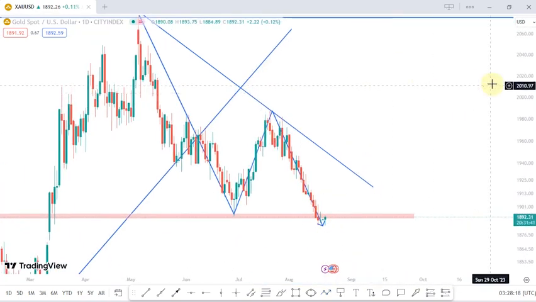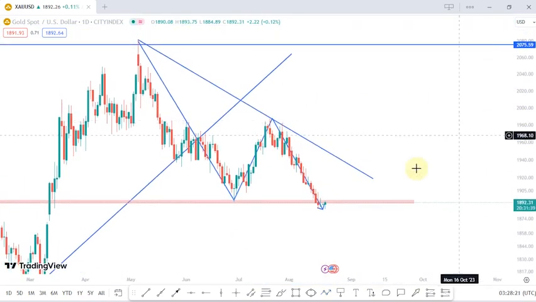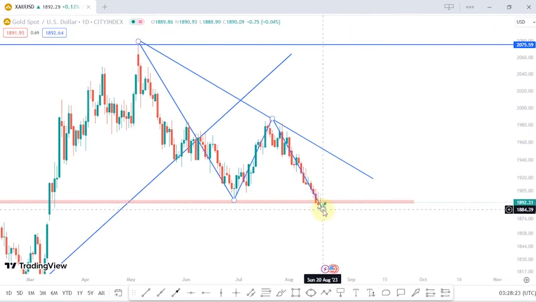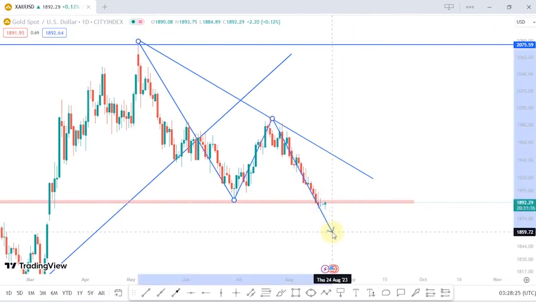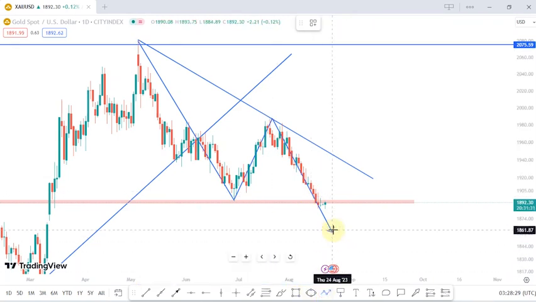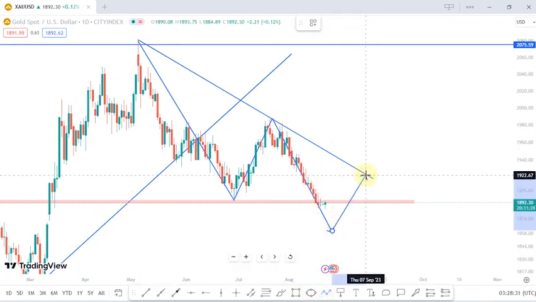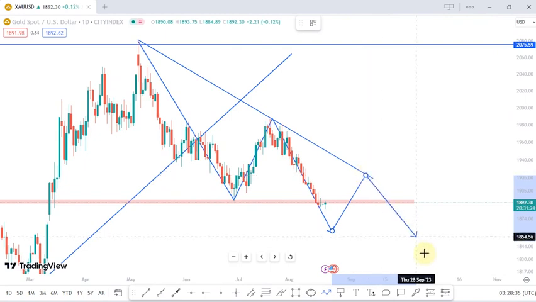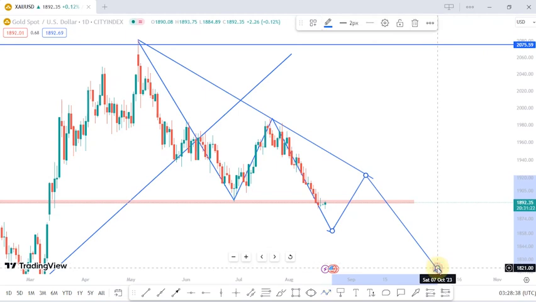So in the coming week, we will be expecting gold to head down, and we are going to expect another huge retracement before an up move.